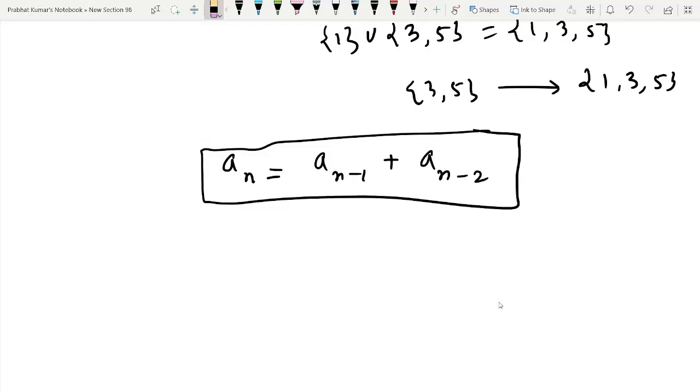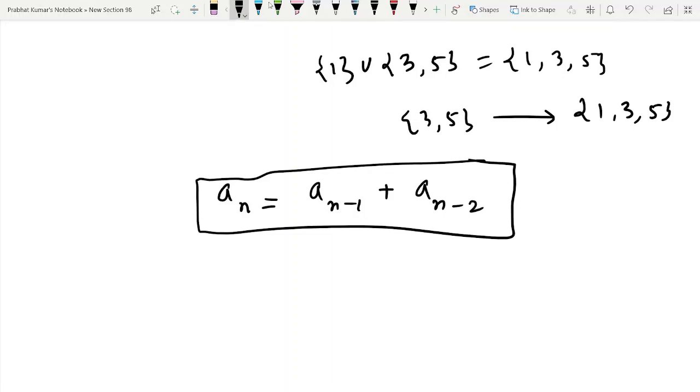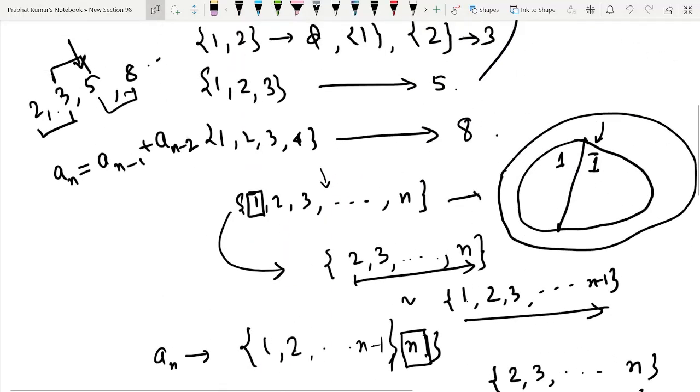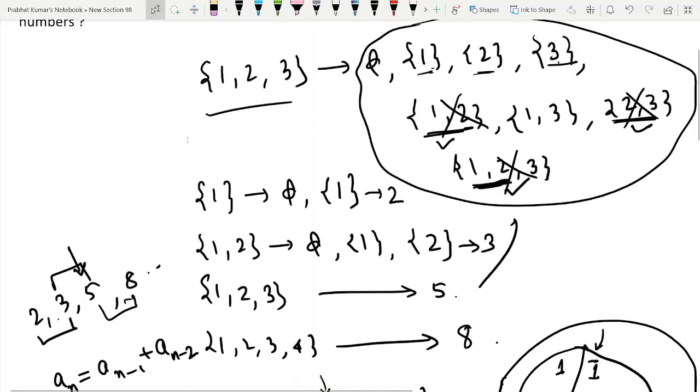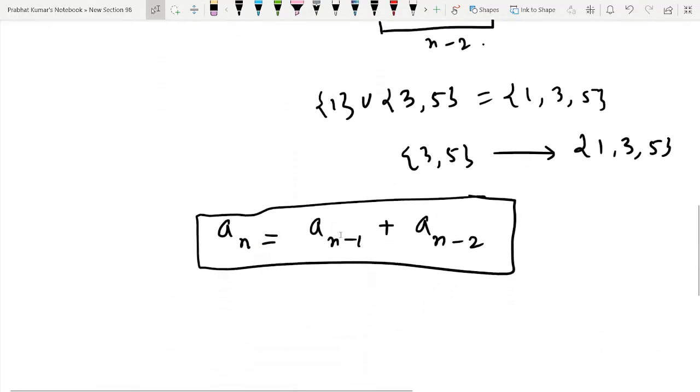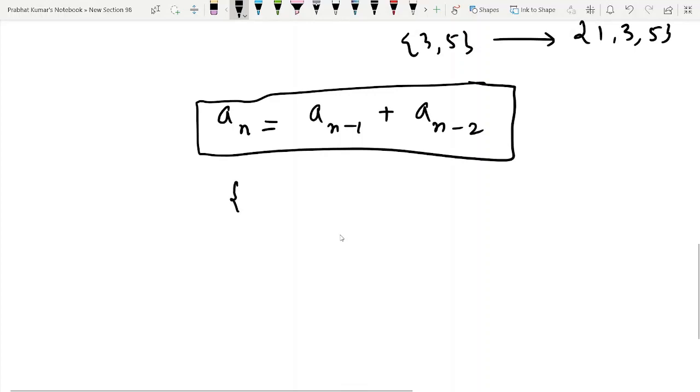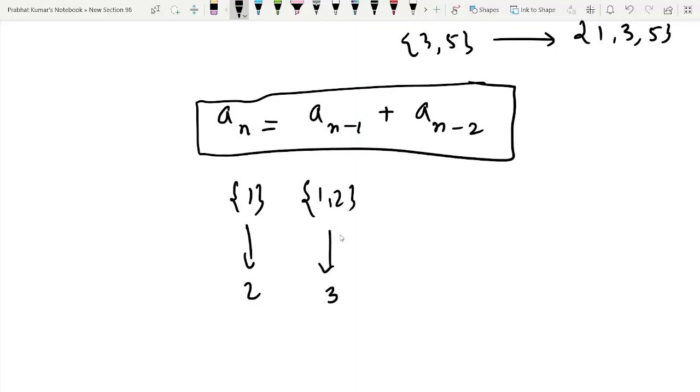As you can see, for n equal to 1, if there is one element, we have two such subsets. If the number is 2, then we have three such subsets. So for this set we have got the answer 2, for this set we have got the answer 3, and so on, right? If the number of elements is 3, the answer is 5, right? The Fibonacci sequence is 1, 1, 2 and so on, right?